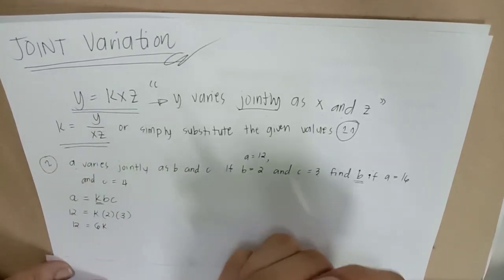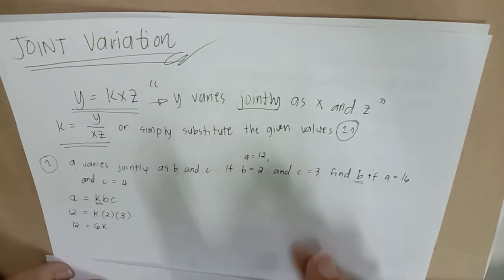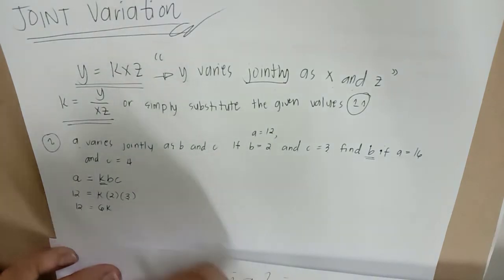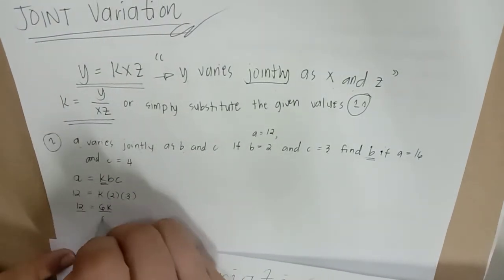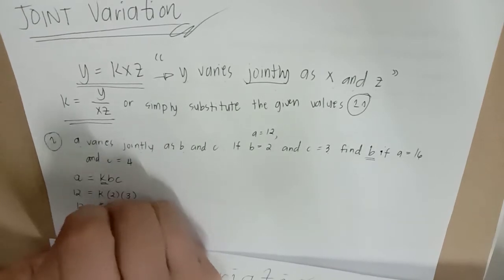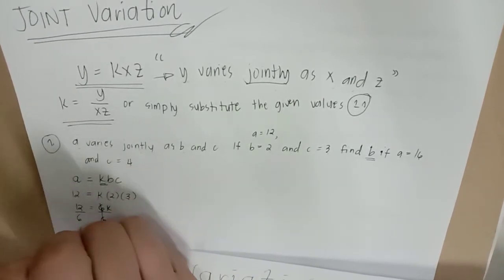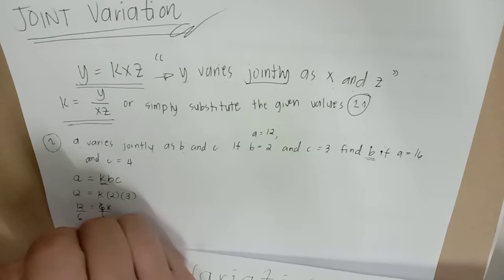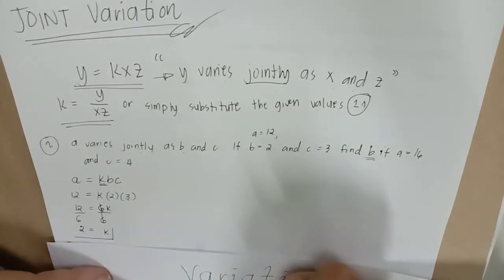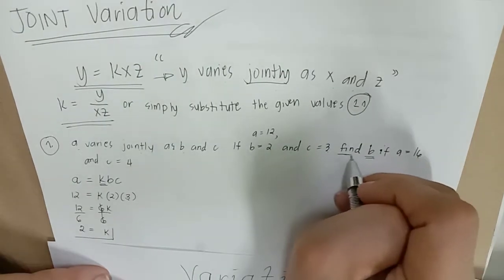Lagi pong una yung number kaysa yung letters. Next, divide both sides by 6. So, K, kasi makakancel na yan, is equals to 2. So, K is equals to 2. Punta na tayo sa susunod na equation.